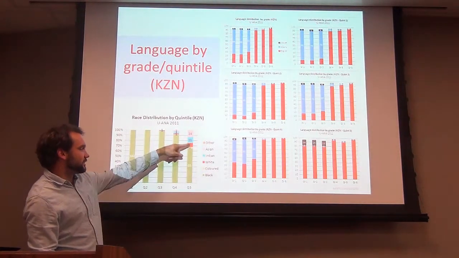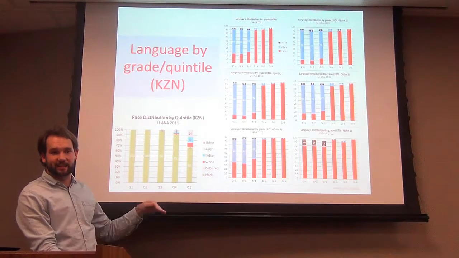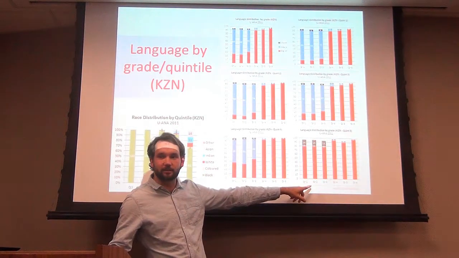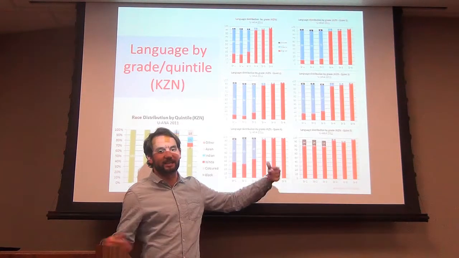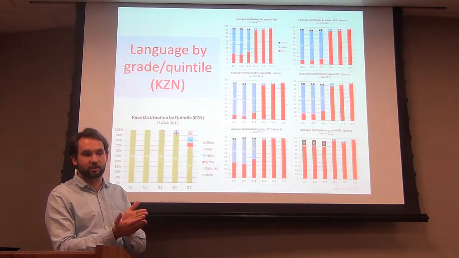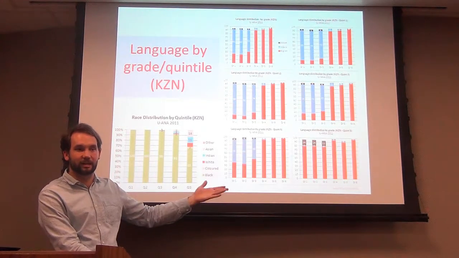So we believe that most of these students would be second language English learners, and yet they are learning in English from grade 1 in quintile 5 schools. So in a sense, a lot of those quintile 5 schools are taking the straight for English approach. And these parents aren't sending their children there deliberately, obviously.